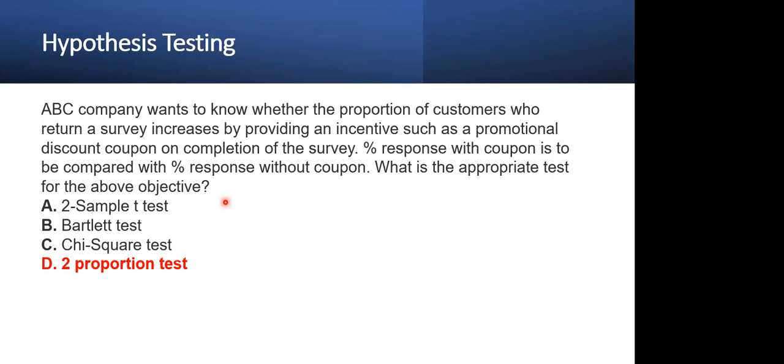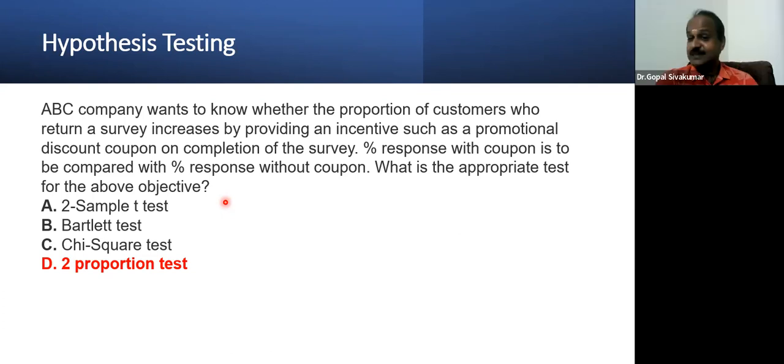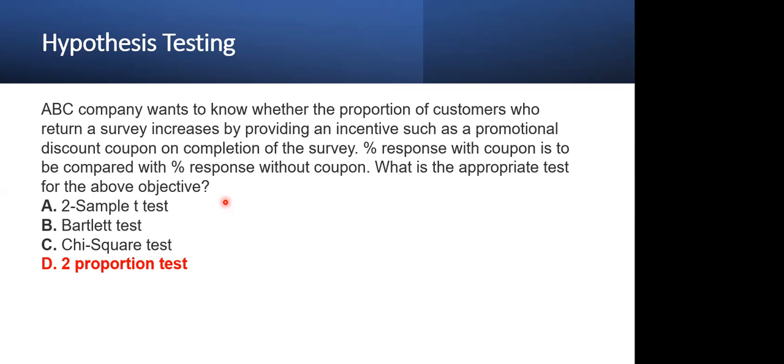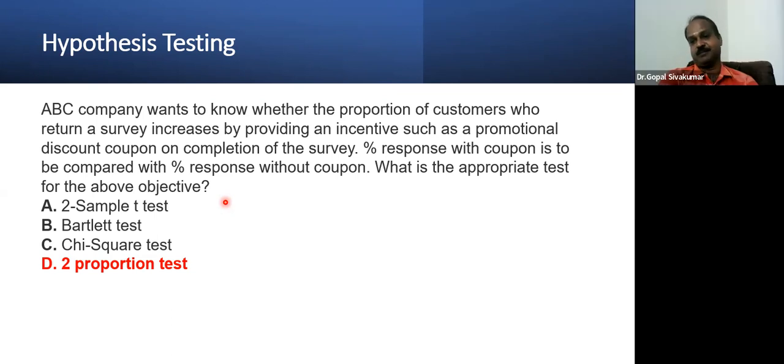Test mark is not discrete. It is made discrete. The numbers are whole, but you can even give fractions. Am I correct? Yes, sir. So test marks are continuous data. So it is two sample t-test.